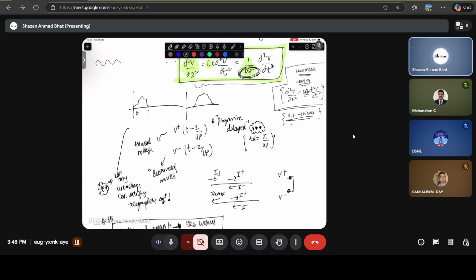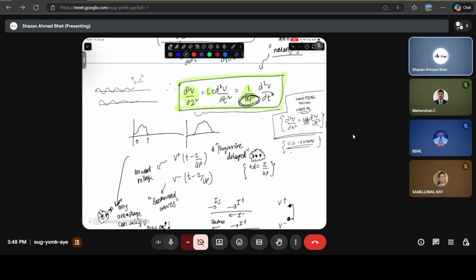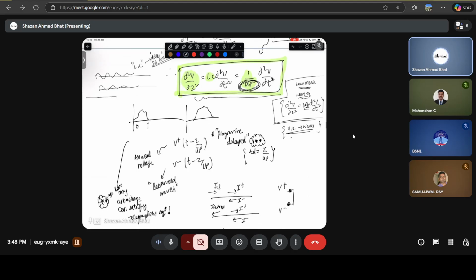So how fast the wave will move through the transmission line will depend upon L and C. Why? Because these are the elements which cause delay to the electromagnetic waves through the transmission line. If the electromagnetic wave is moving like this, because of the capacitance there is charge storage, at least temporarily.